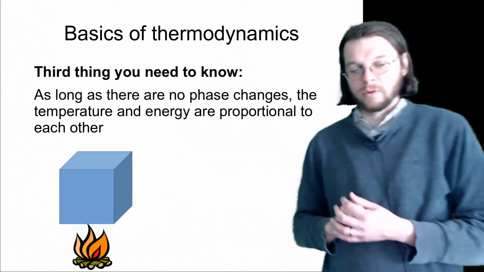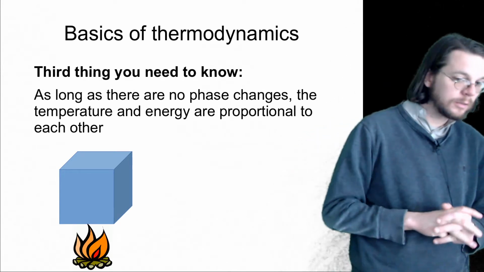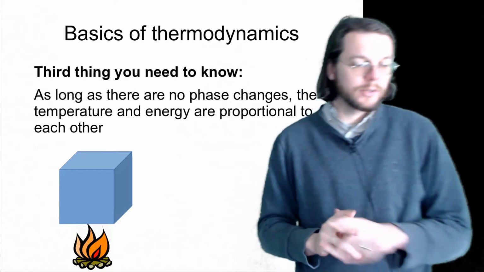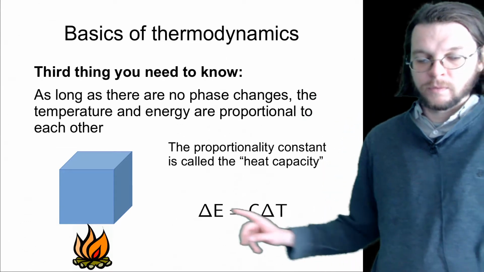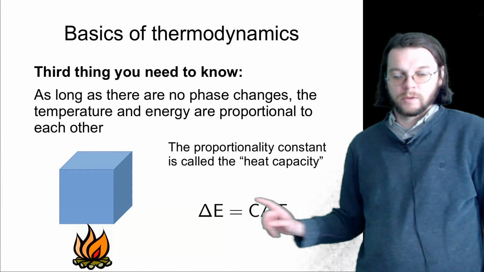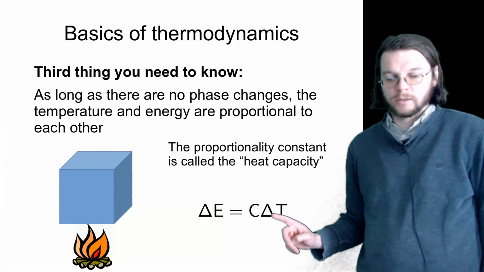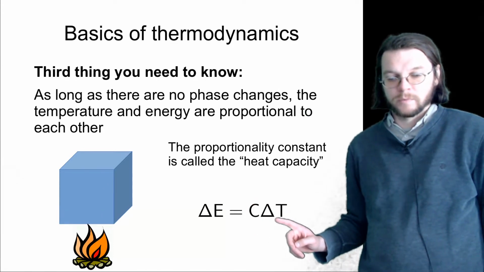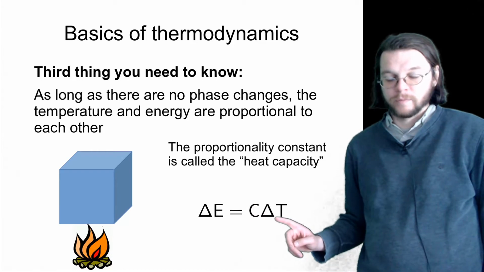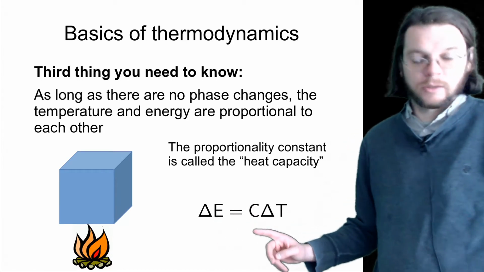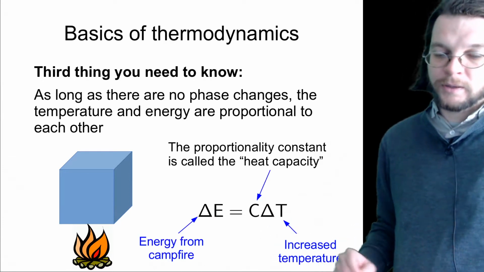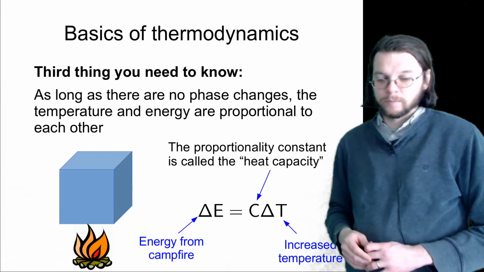But if nothing is changing phase, then the energy and the temperature are proportional to each other. So for example, to increase a sample by some number of degrees Kelvin, it takes a certain amount of energy to do that, and there's a constant here multiplied by that temperature change. It's called the heat capacity.